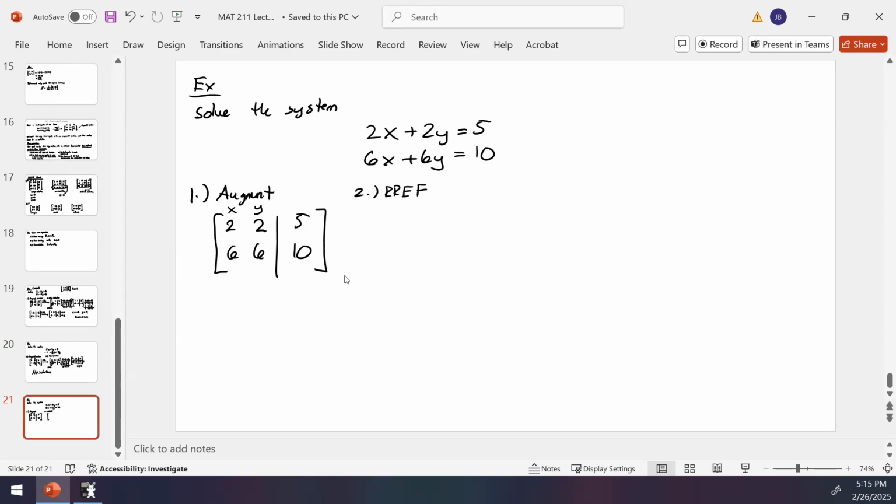So I'm going to multiply row number 1 by 1/2. But I don't like fractions, but that's okay for this one. This is the one where I'll be okay with the fraction. So 1, 1, and 5/2 or 2.5. If you can convert to decimals, do it. And then 6, 6, and 10.